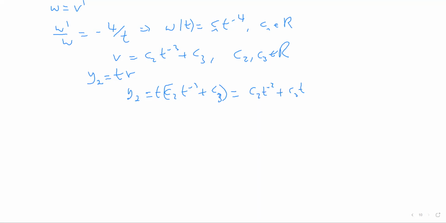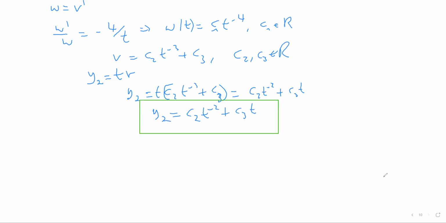So if you have that, then we can write y2 to be c2 t to the power minus 2 plus c3 t.